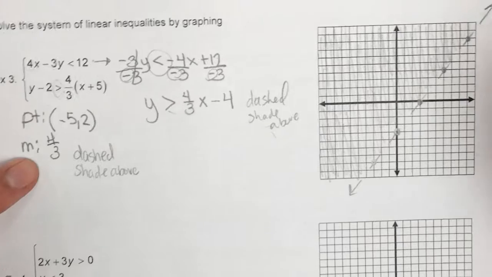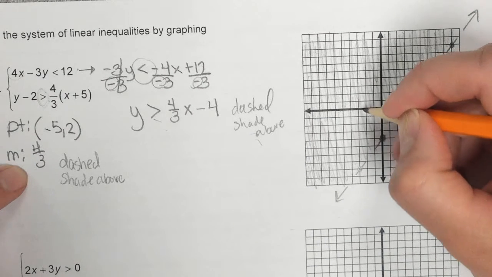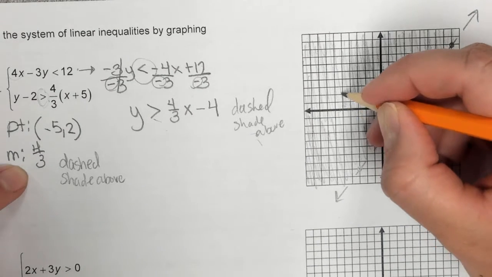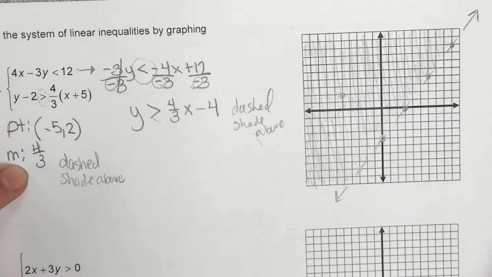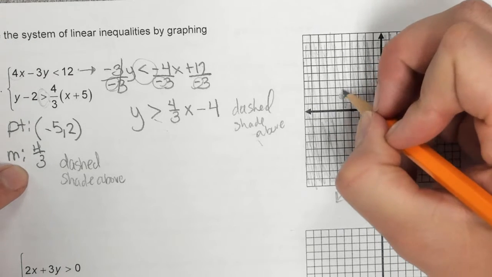All right. So I start at negative 5, 2. Okay. And I'm going to go up 4, right 3.